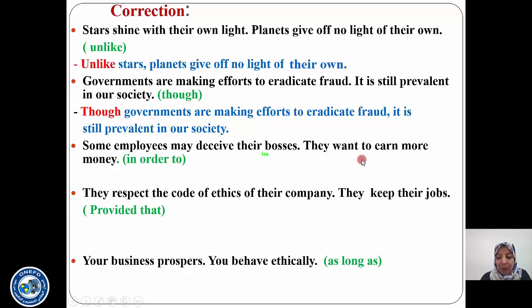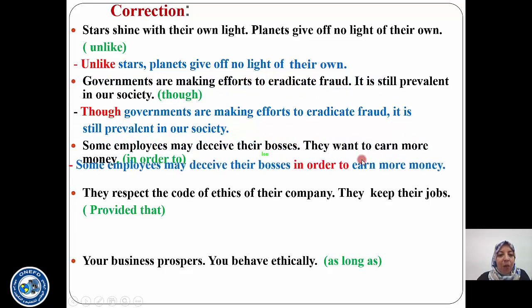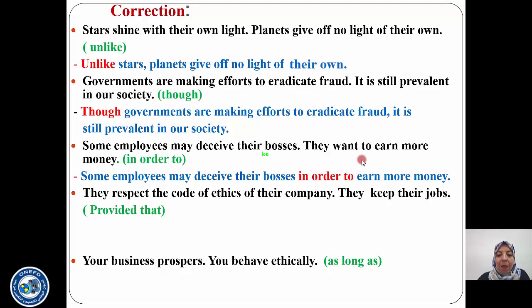No, it's the second one. Say, "Some employees may deceive their bosses." What for? "In order to earn more money." So we have replaced "they want", which is expressing purpose in this sentence, by "in order to", followed by a verb in the infinitive. Okay?